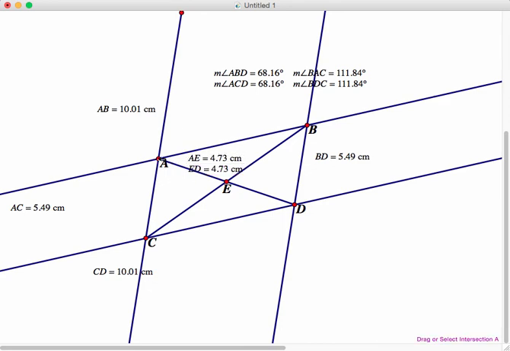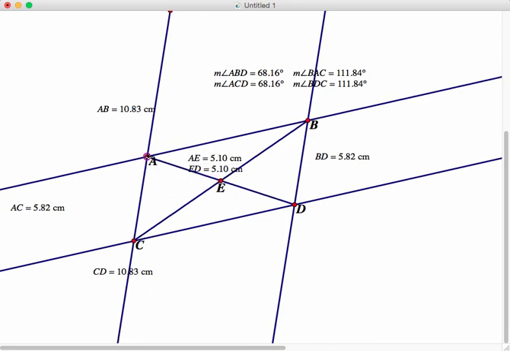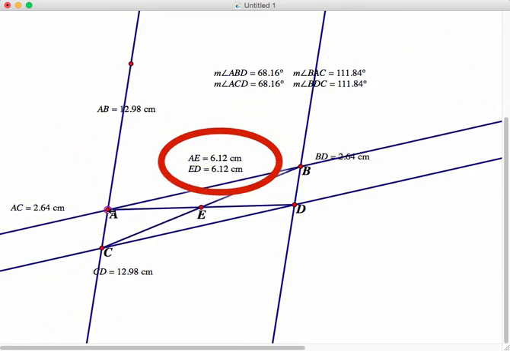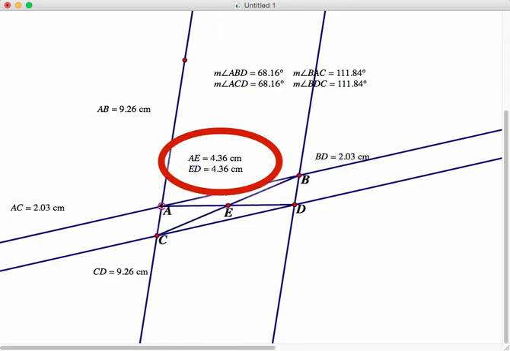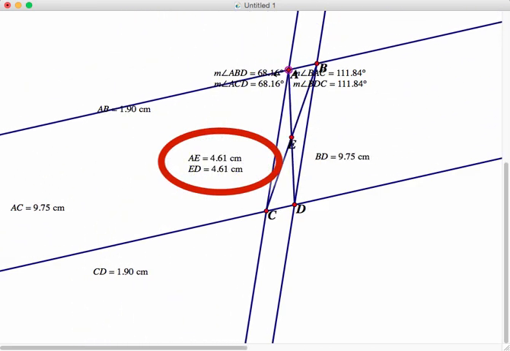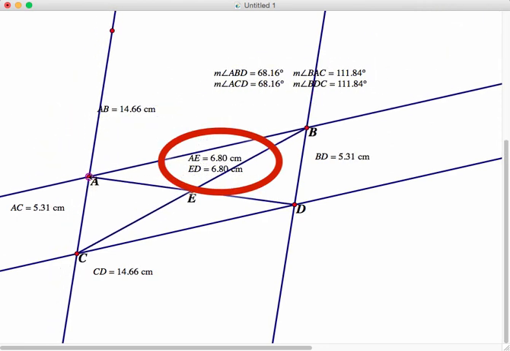Now, is that just this parallelogram? Again, watch those two numbers as I move this. As I move this, those two stay exactly the same no matter where I move my parallelogram. To make it big, make it small, make it thin, make it wide, those two numbers, AE to ED, stay exactly the same, which means the diagonals of a parallelogram meet at the midpoint of each other.